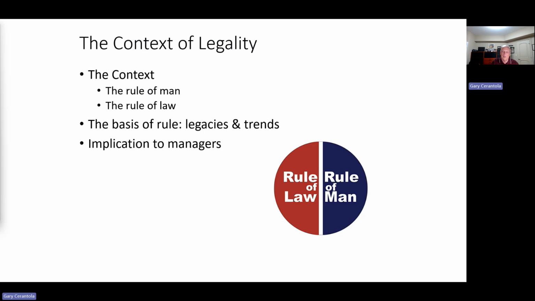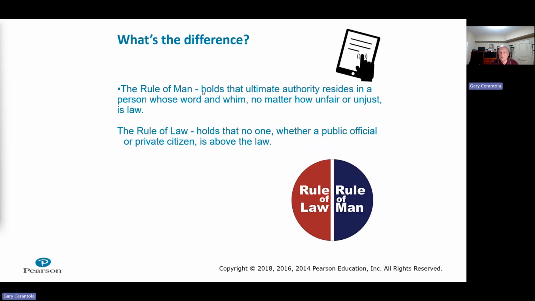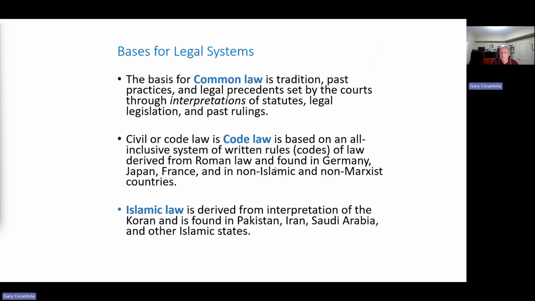So if you're operating in a country that's very autocratic, and not subject to rule of law, then you better understand the lay of the land and how the law can impact the success of your business. That's a really key piece. Rule of man holds that ultimately authority resides in a person. It's a whim. The rule of law holds that no one, whether a public official or private citizen, is above the law. So that's really key.